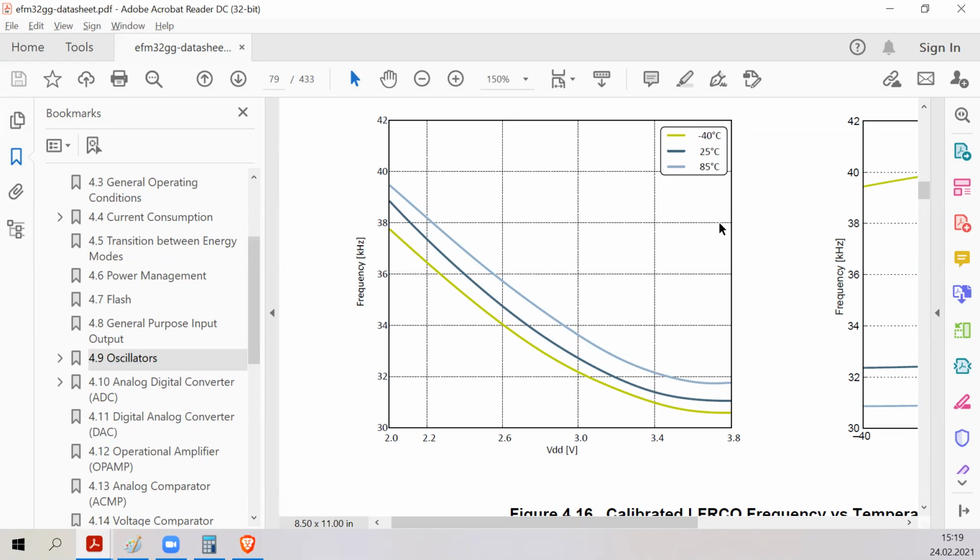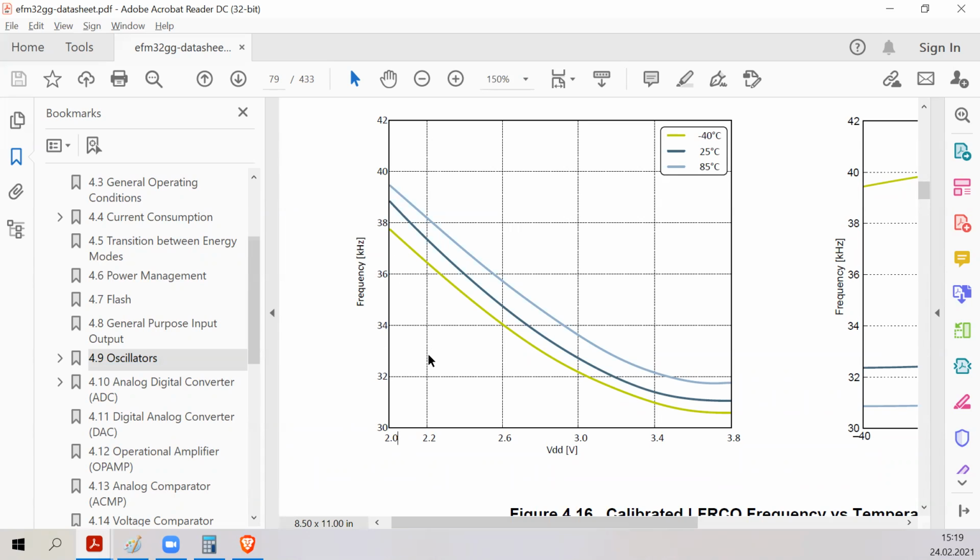So their nominal values are given at 3 volts, but if you have power supply that is from 2 volts, as you can see, instead of 32 kilohertz, it has frequency of 38 kilohertz. So that's a big difference.